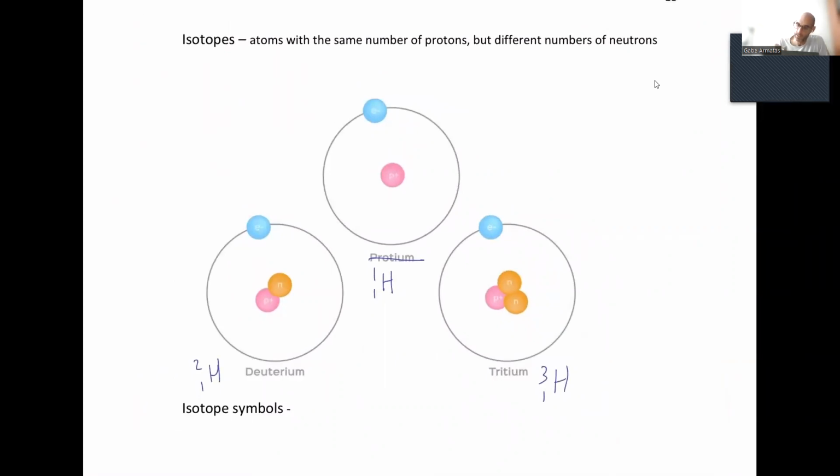An isotope is simply same number of protons, which means same element, different number of neutrons. Same element, different mass. Notice that every single one of these is hydrogen, but they all have different masses. Those are three different isotopes of hydrogen.